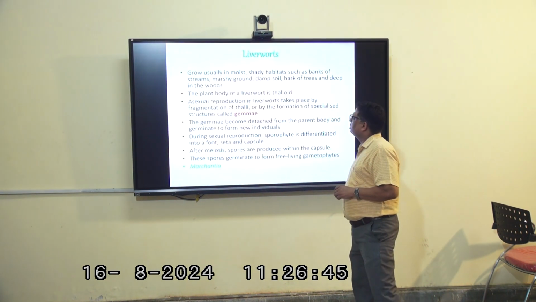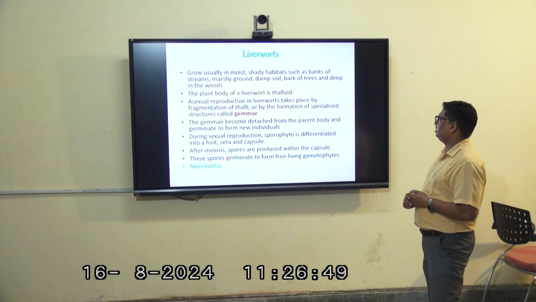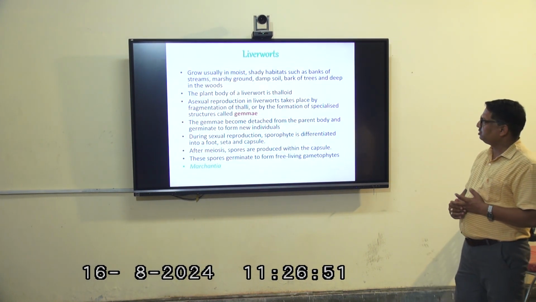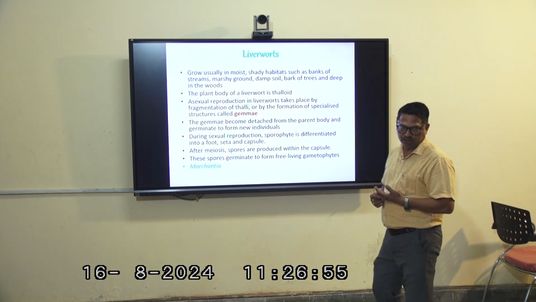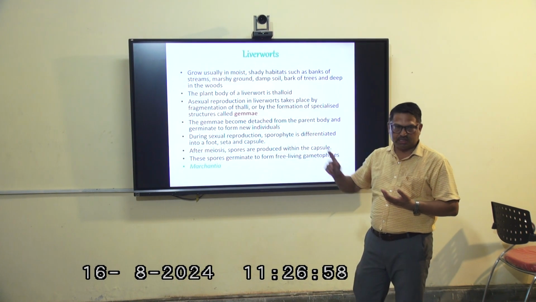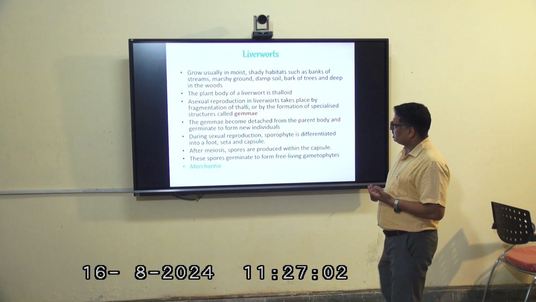Liverworts and mosses. Liverworts usually grow in moist, shady habitats such as banks of streams, marshy ground, damp soil, bark of trees, and deep in the woods. These are the habitats of such plants.